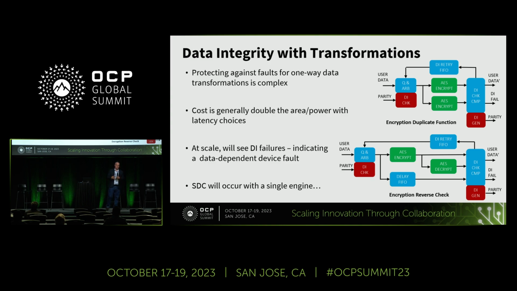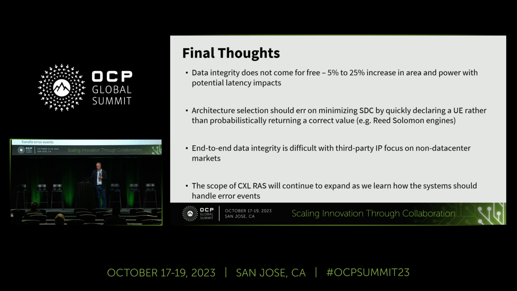To get coverage, you can throw thousands and thousands of vectors at it, but to do it properly, you really should put in the two engines. So DI doesn't come for free. There is a cost associated to the part. Depending on what you're doing, it can be anywhere between 5 and 25%, both in power and area. But I'll tell you, the cloud people want this capability.